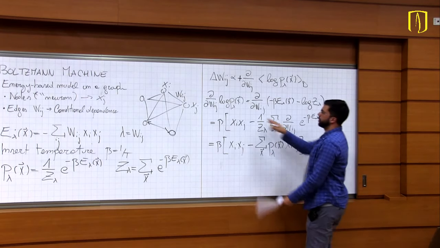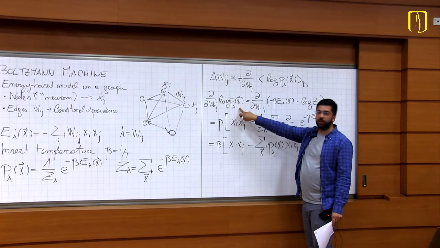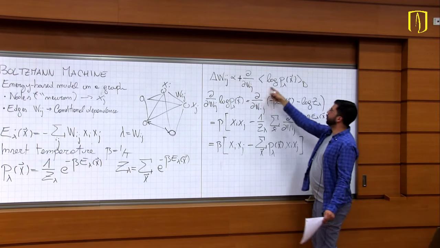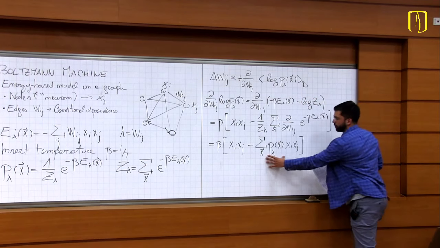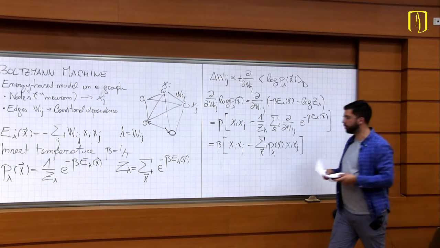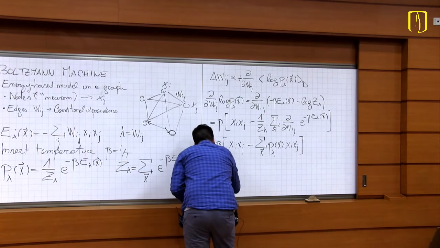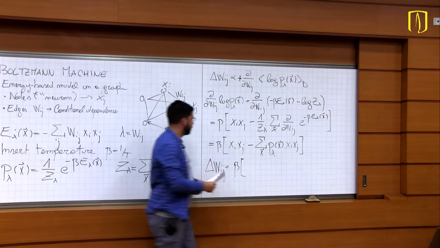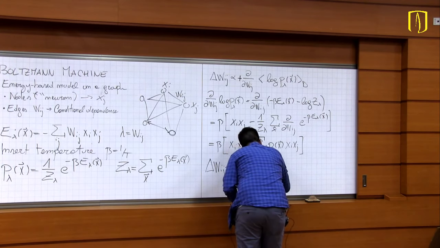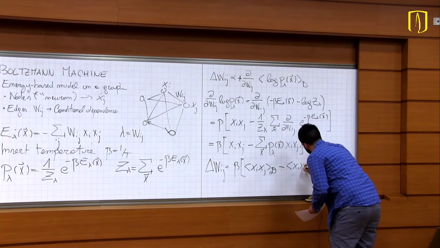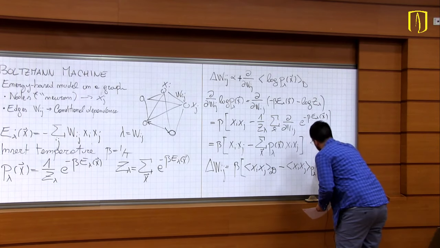So now this is the derivative of the log probability for just one sample, but for my learning signal, I have to take the average of this with respect to the data. Now this does not depend on that because it's the average already with respect to the model distribution. So my final change in weight is beta times the average of xi, xj over the data, minus xi, xj over p lambda.